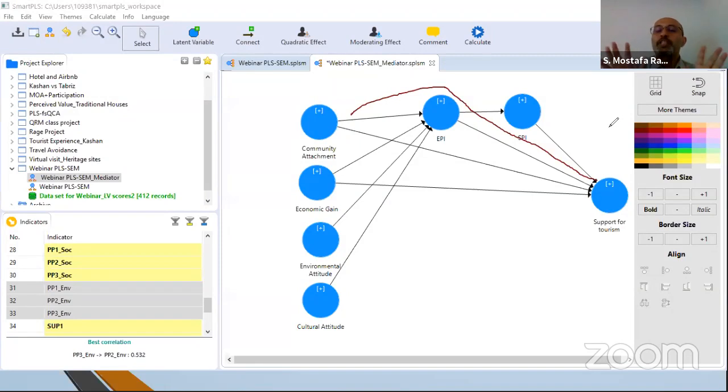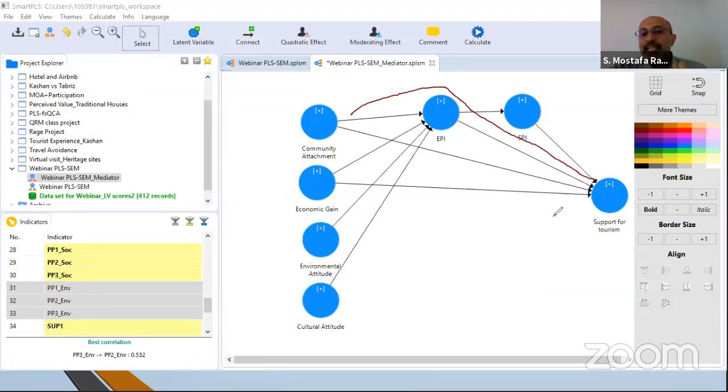If you want to hypothesize these two mediators, you need support from literature and theory for each one, for the different paths that you have. For this one, you need three different logics.